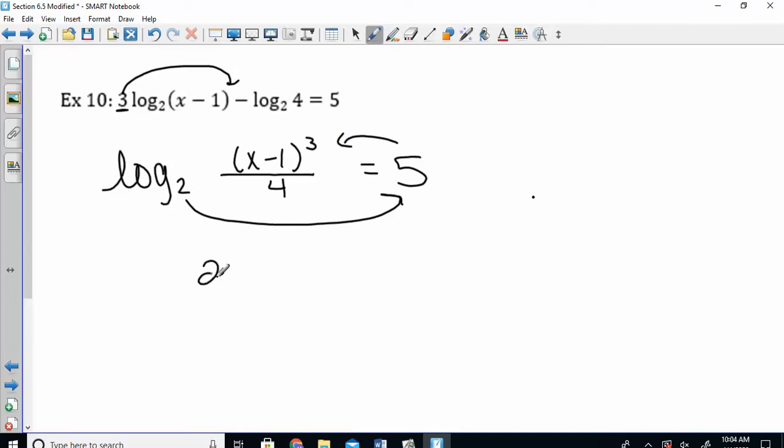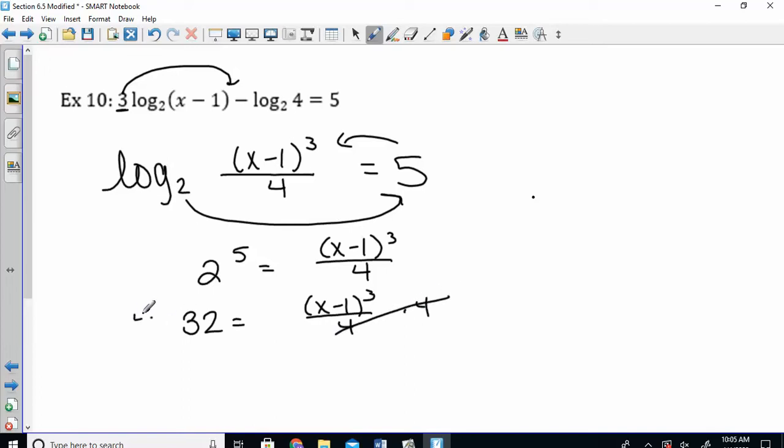So that equals... Okay, so 2 to the 5th is 32. I'm trying to get x by itself. What would you do now? Multiply by 4.